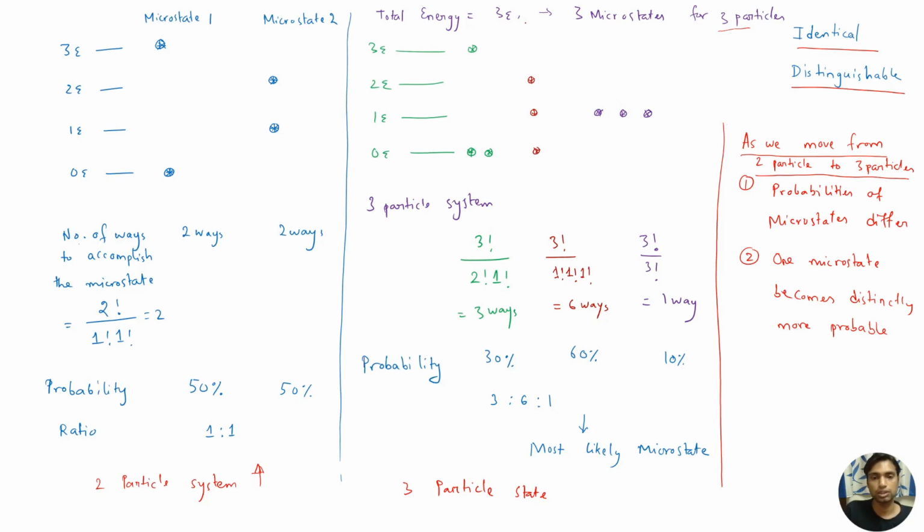Now let us calculate how many ways each microstate can be obtained. This microstate can be obtained in 3 factorial by 2 factorial into 1 factorial ways. What you have to do is take the total number of particles divided by the number of particles in each box. You can think of these as different boxes.